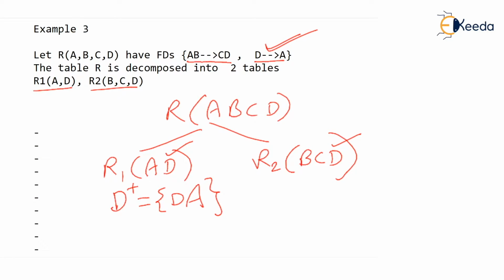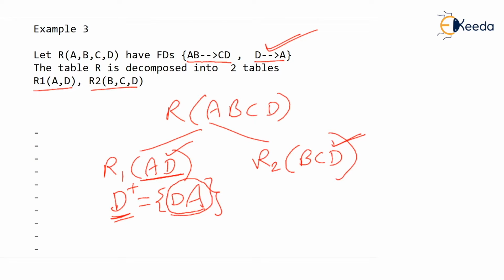You note that D closure has the ability to determine all the attributes A and D. So D is definitely a candidate key in R1. That is enough. You don't have to check whether D is a candidate key in R2, because the common attribute has to be a candidate key in one of the tables. So this decomposition is lossless.